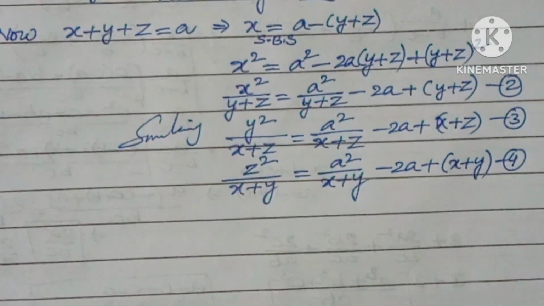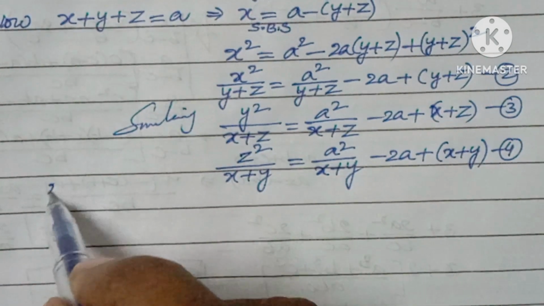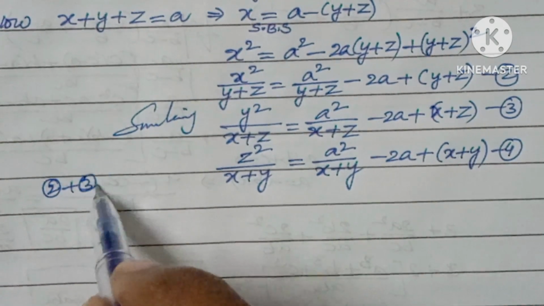So according to the problem, you have to add these three: 2 plus 3 plus 4.